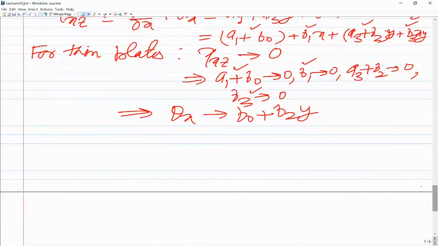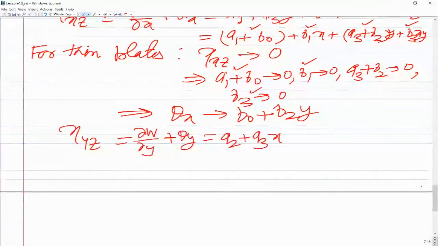And similarly, if you look at gamma yz, so gamma yz is del w by del y plus theta y, and this will be a2 plus a3x when you differentiate, plus c0 plus c1x plus c2y plus c3xy.